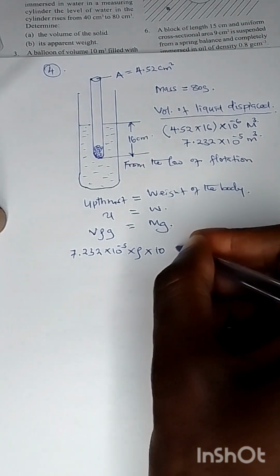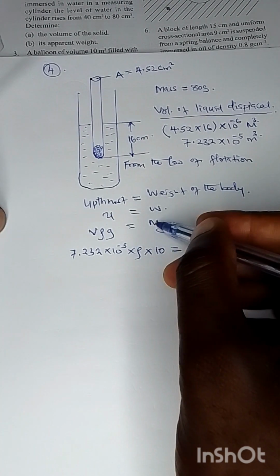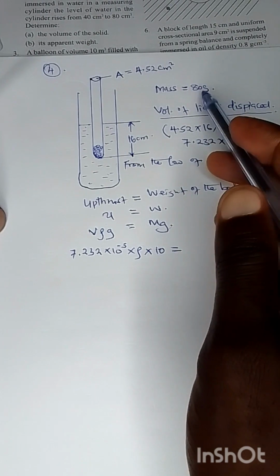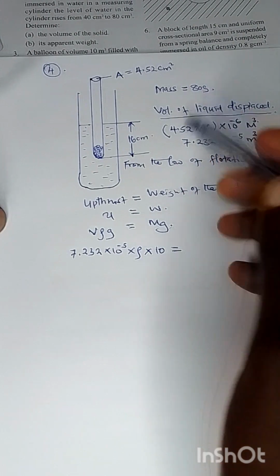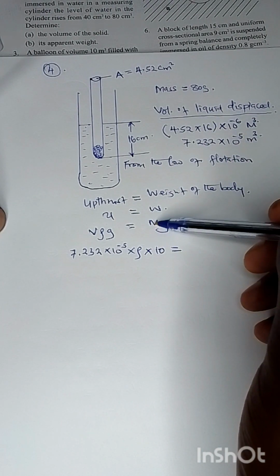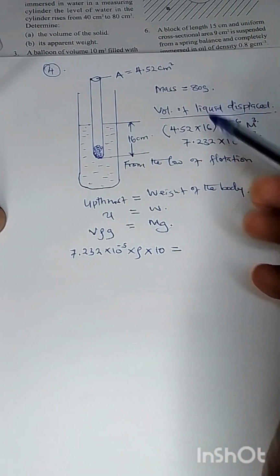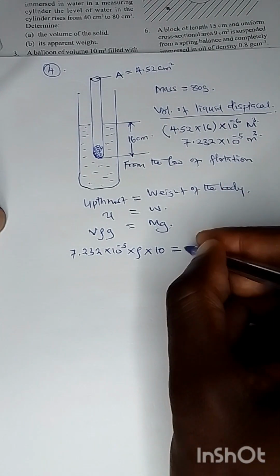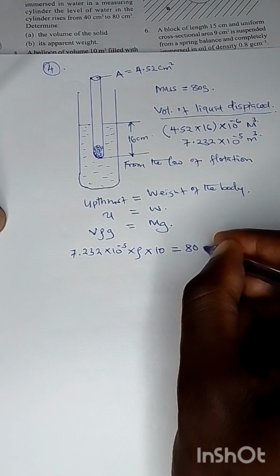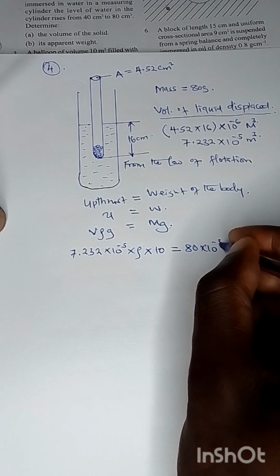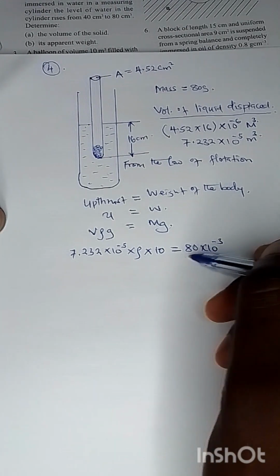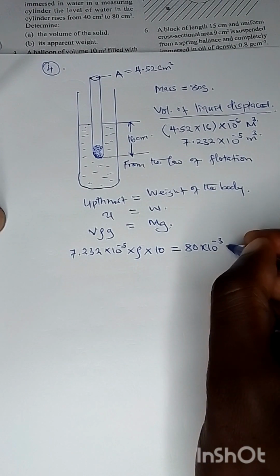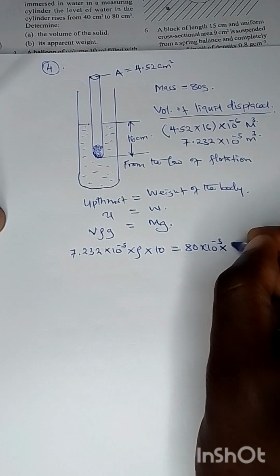This should be equal to the mass, which is in grams. You cannot use it the way it is here, so you change this mass into kilogram. So I'll take 80 multiplied by 10 to the power negative 3. You have already converted into kilogram. Then I multiply it by 10.